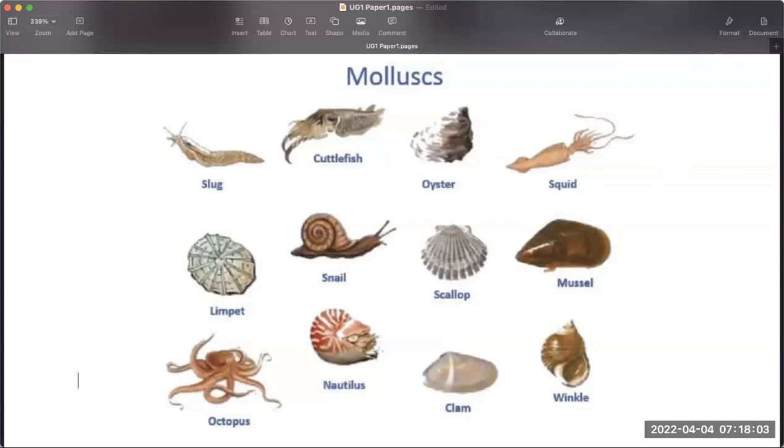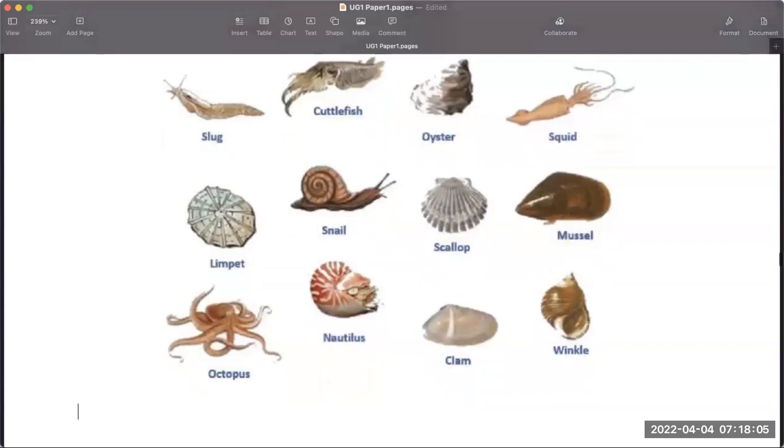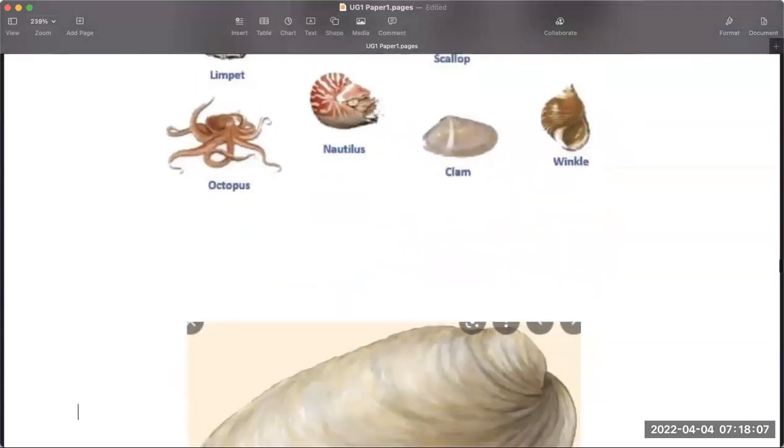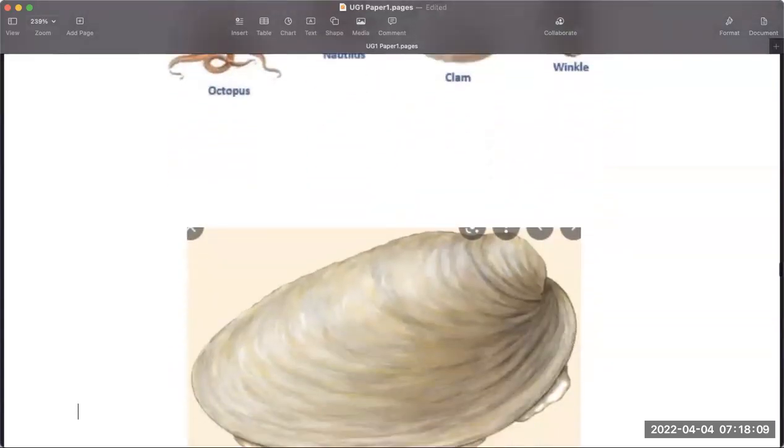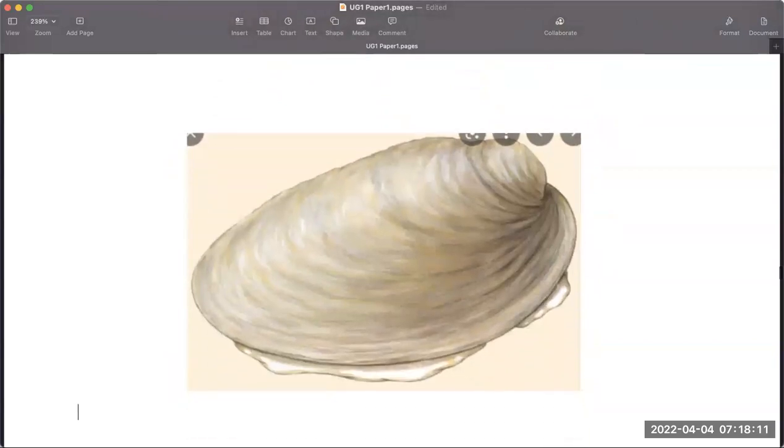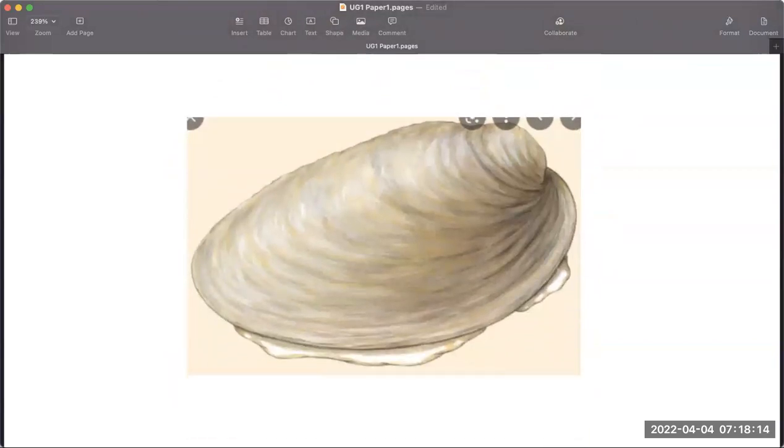The first class is Monoplacophora. See, this is Monoplacophora. The genus is Neopilina. This picture.